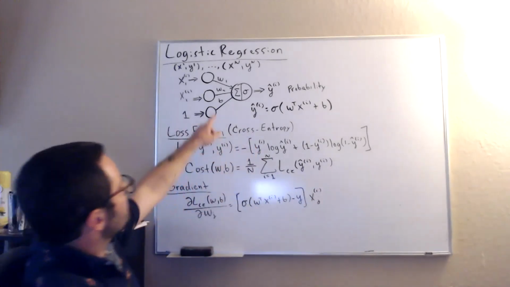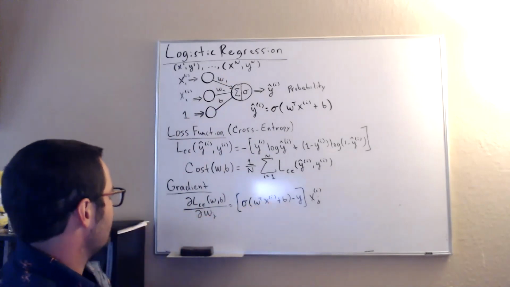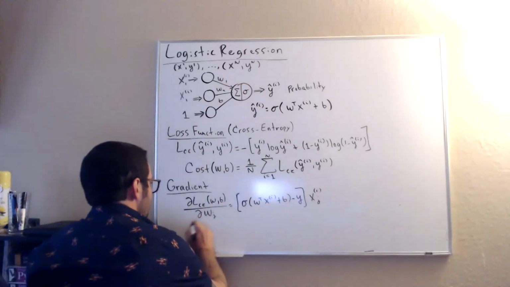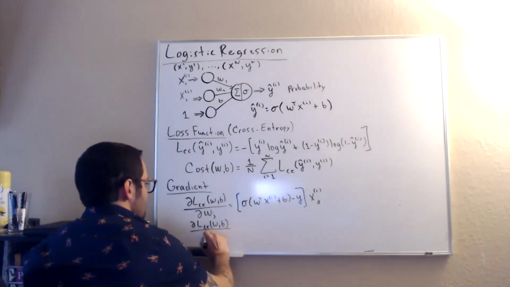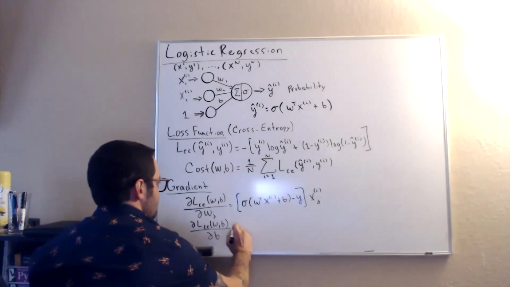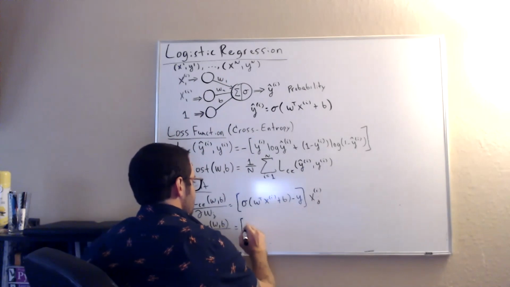So for the jth weight, for a given input x of i, we have that. And then for the bias, that's just going to be this quantity here.